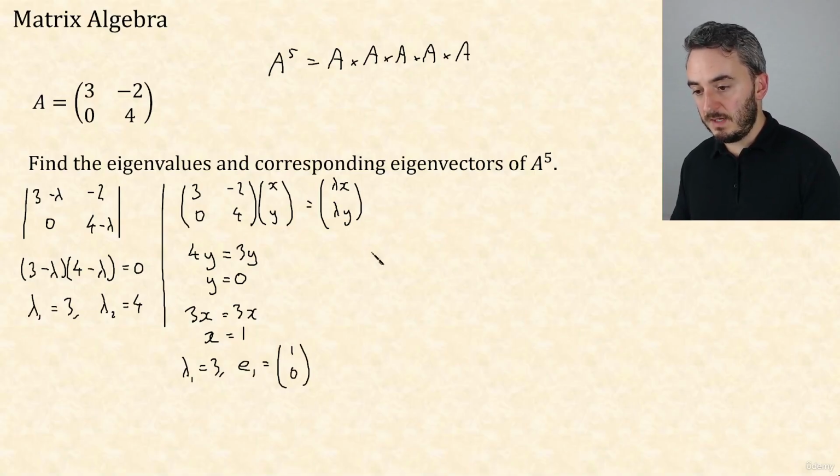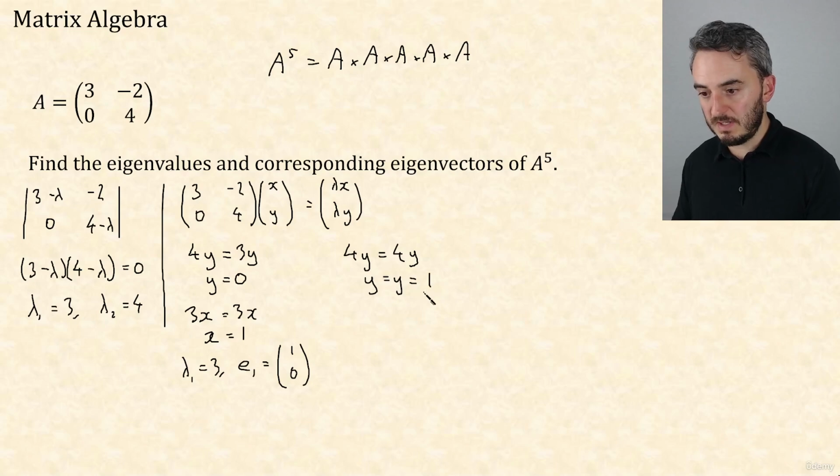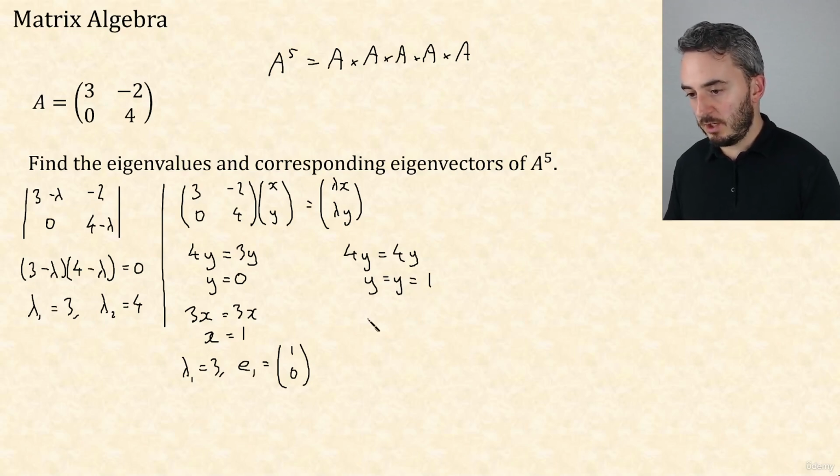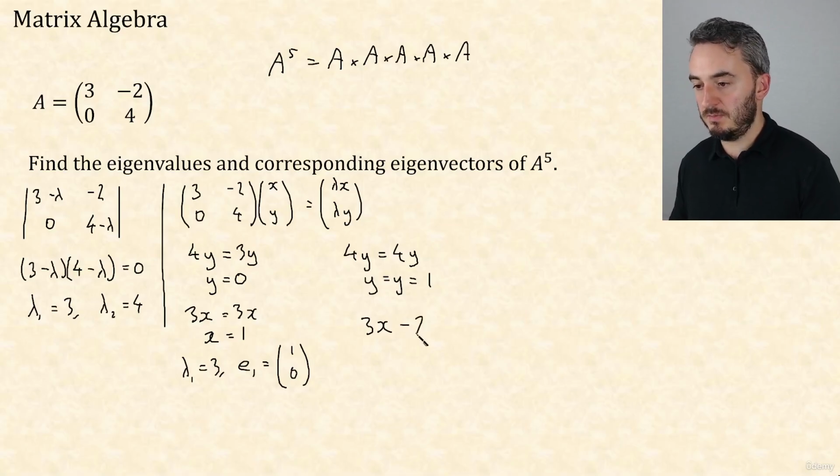If we do the same thing now, when lambda is 4, that second row gives me 4y equals 4y. So it's y that can be anything. So let's go with y equals 1. And now this top row gives me 3x minus 2 times y, so it's minus 2, should equal lambda x, which is 4x.